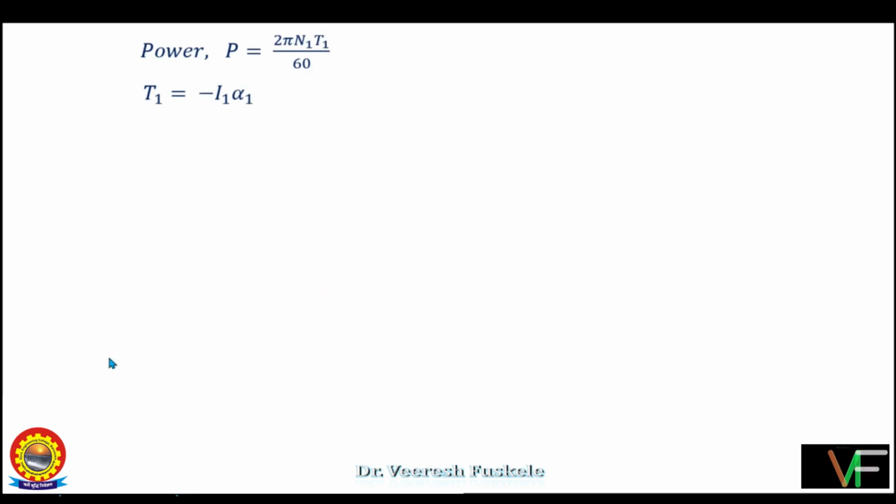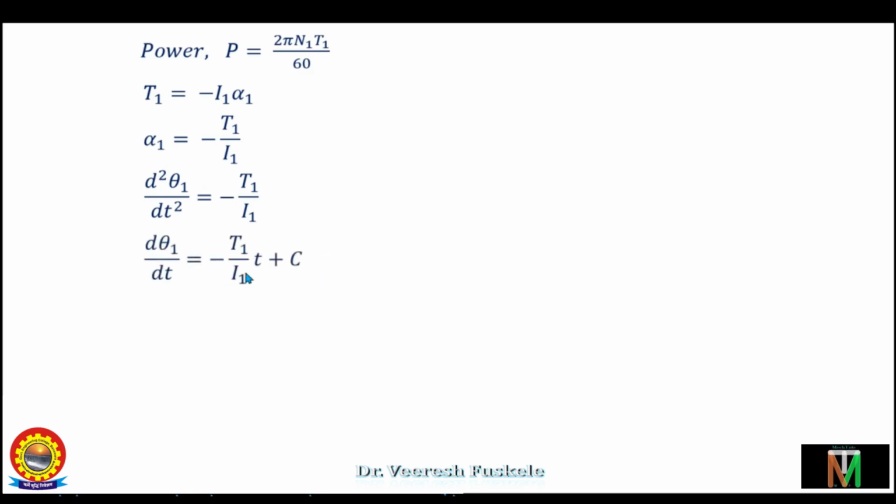Next, from here we can write alpha 1 is equal to minus T1 upon I1. Now alpha 1 is also equal, in terms of angular displacement, to d square theta 1 by dt square, which is equal to minus T1 upon I1. Now integrating this to get the angular velocity, we have d theta 1 upon dt is equal to minus T1 upon I1 into t plus c, where c is a constant of integration.